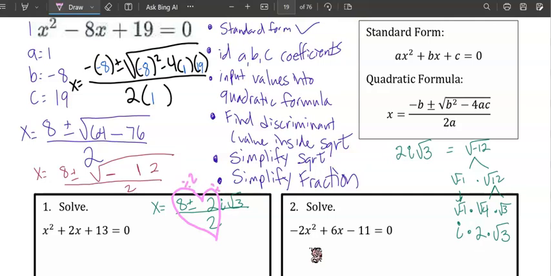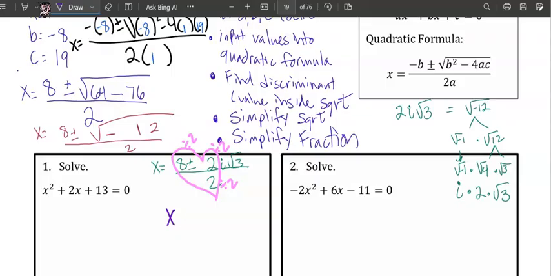So we'll divide 8 by 2, we divide 2 by 2, and we divide the other 2 by 2. We don't need to divide out the square root or the i because the 2 is already part of that term. So then we have x equals 4 plus or minus i square root 3.